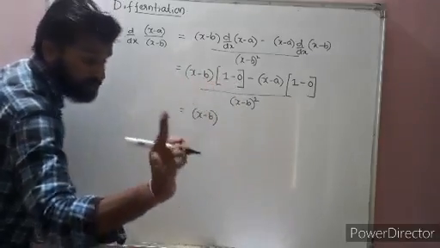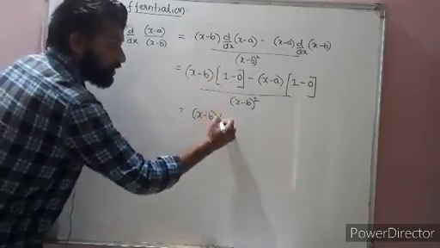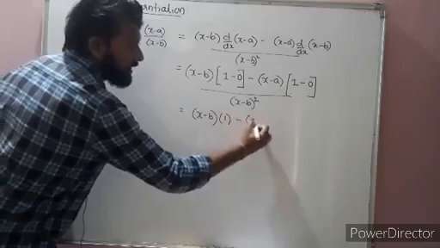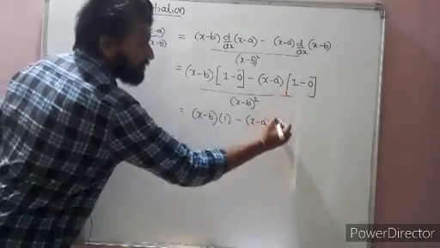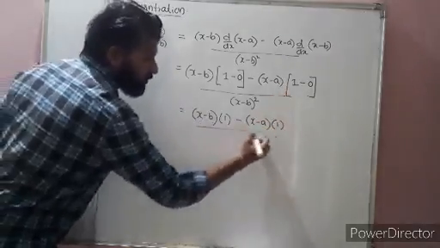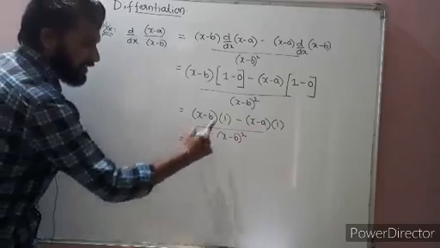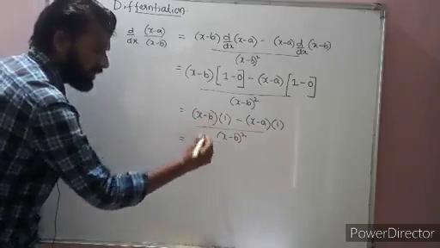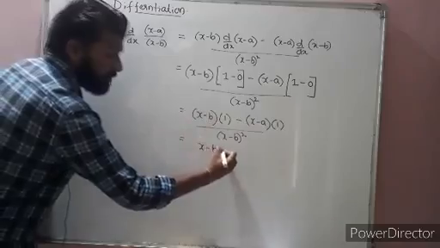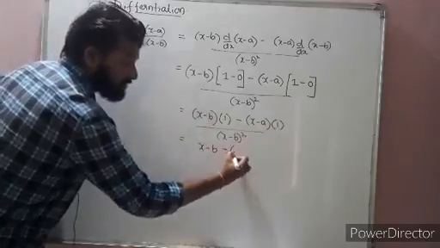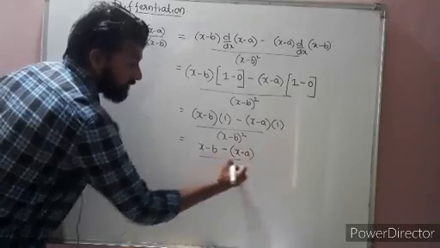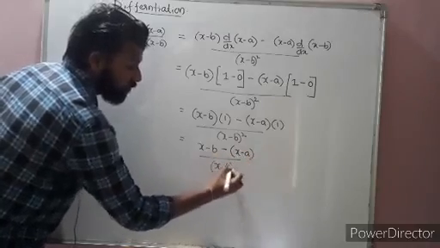No, it's not 0, it's 1. 1 minus 0 will be 1, minus (x minus a), 1 minus 0 is again 1, whole divided by (x minus b) the whole square. If I multiply anything with 1, I'll get the same thing back, and minus again multiplying will give me the same thing back, whole divided by (x minus b) the whole square.